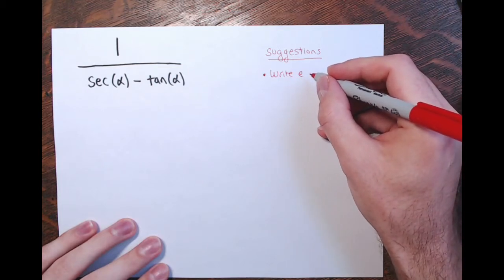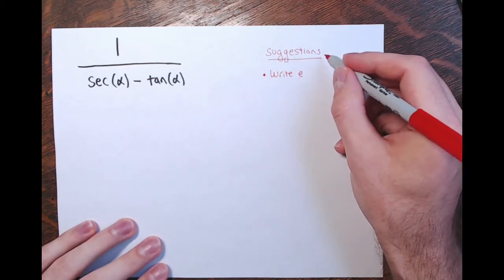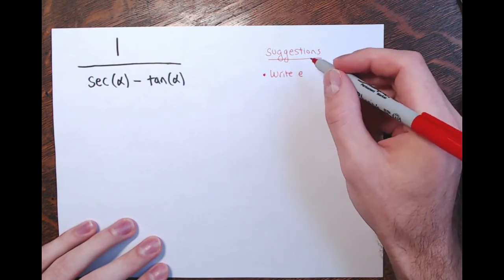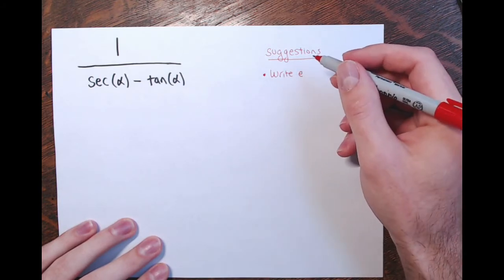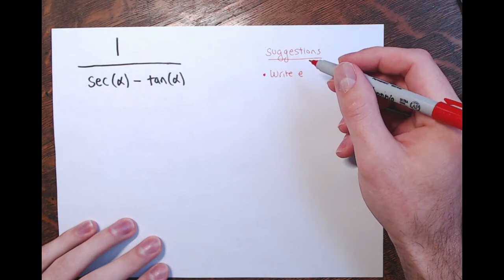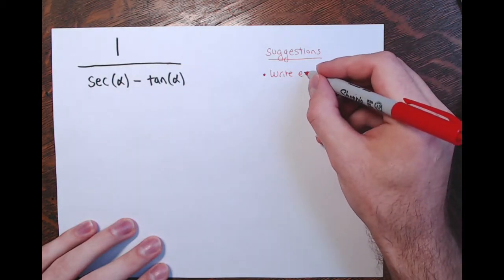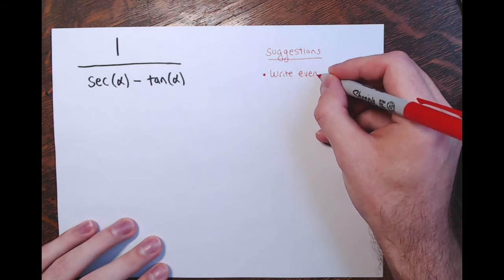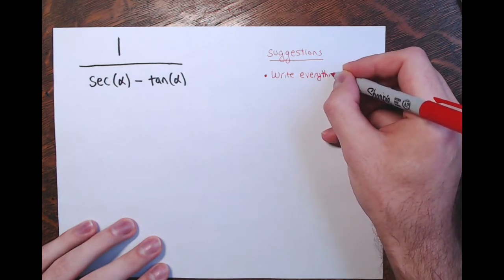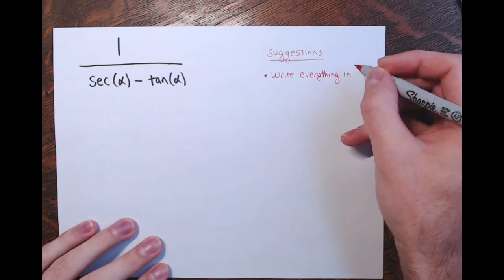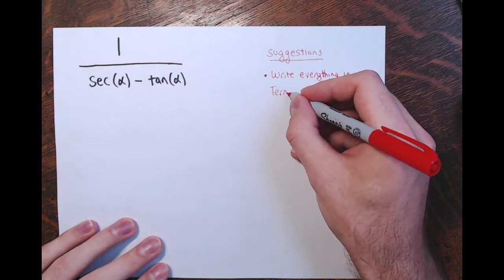Now you don't have to. Again, these are just suggestions. If you see some other way to simplify the expression, do that. But I'm going to write everything in terms of sine and cosine.